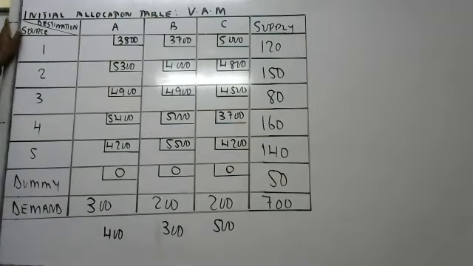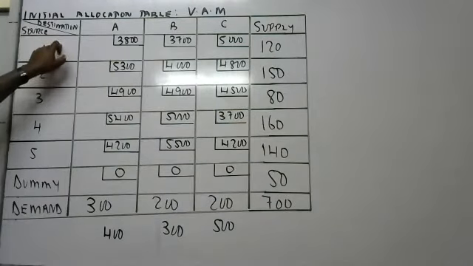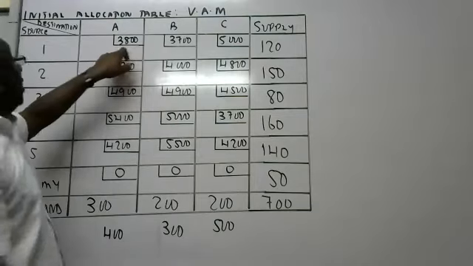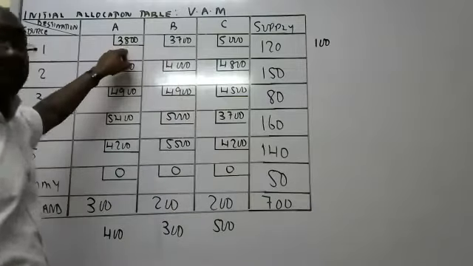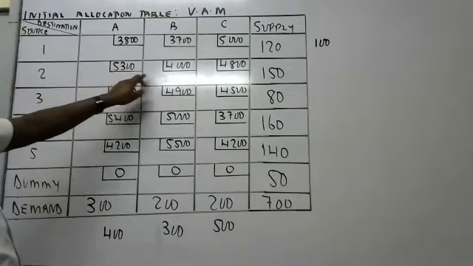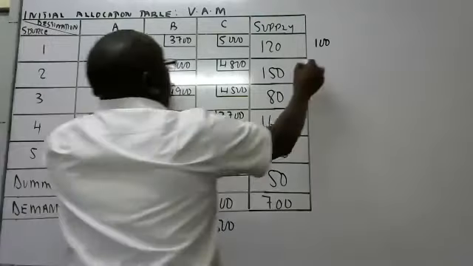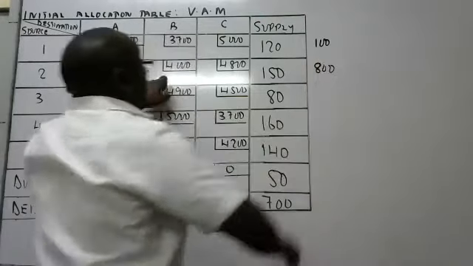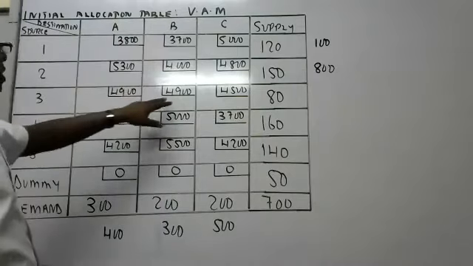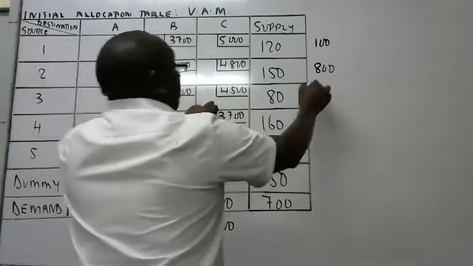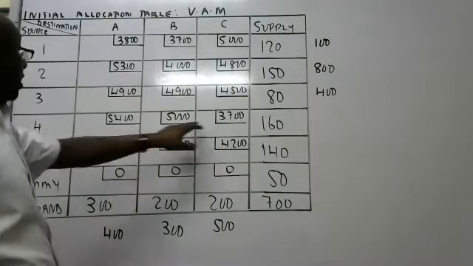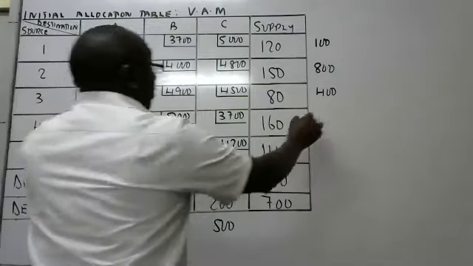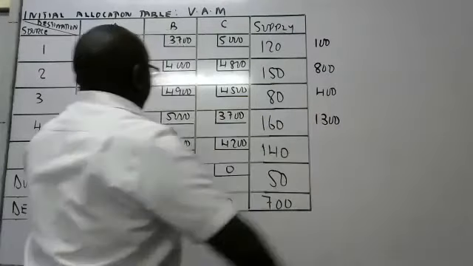We get to the other one. Now we are in row 1. The smallest is 37, followed by 38, so a penalty of 100. This one, 40 and 48, a penalty of 800. 49 and 45, a penalty of 400. 37 and 50, a penalty of 1,300.